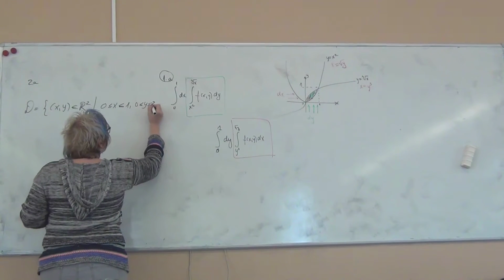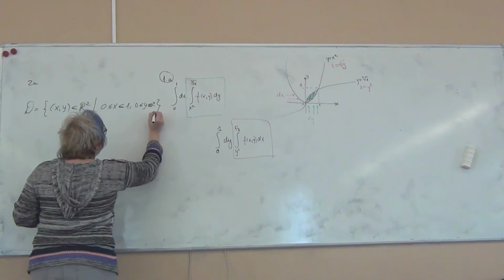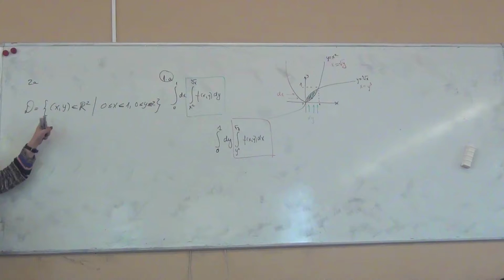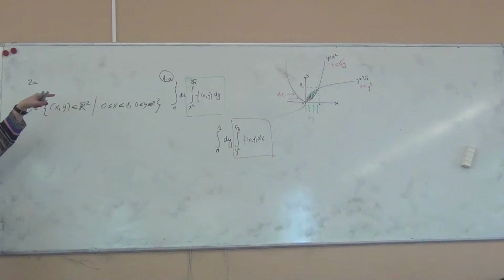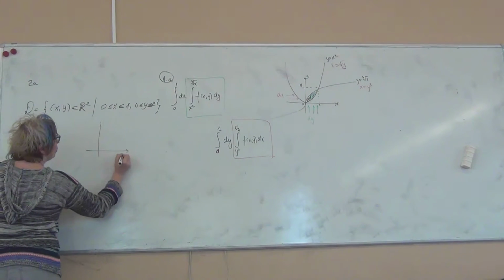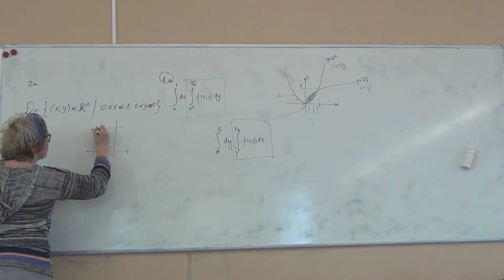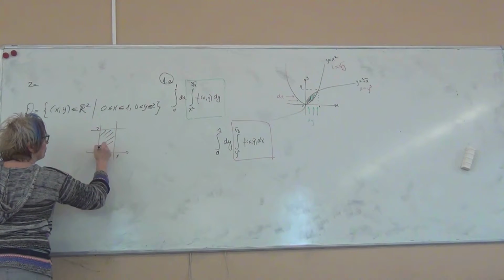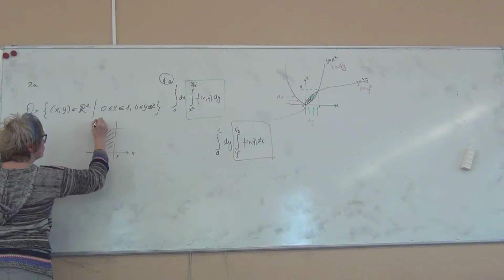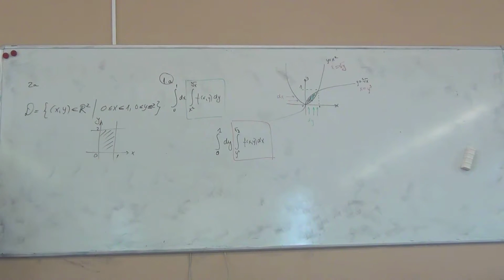So this is obviously a rectangle described like this. So all points from the real number plane for which x is between 0 and 1 and y is between 0 and 2. So it looks like this. This is the region of integration.